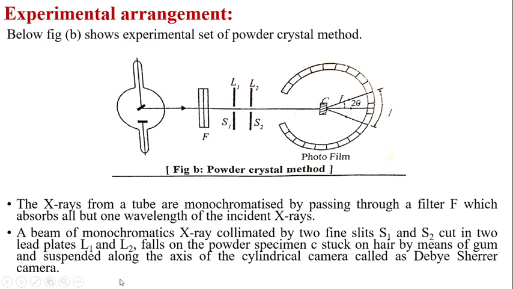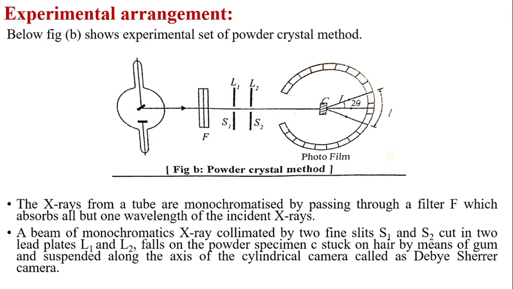Now see the experimental arrangement of the powder crystal method. The figure shows the experimental arrangement of the powder crystal method or Debye method. See here, this is the X-ray tube, and the monochromatic X-ray of wavelength lambda equal to 1.54 is incident.